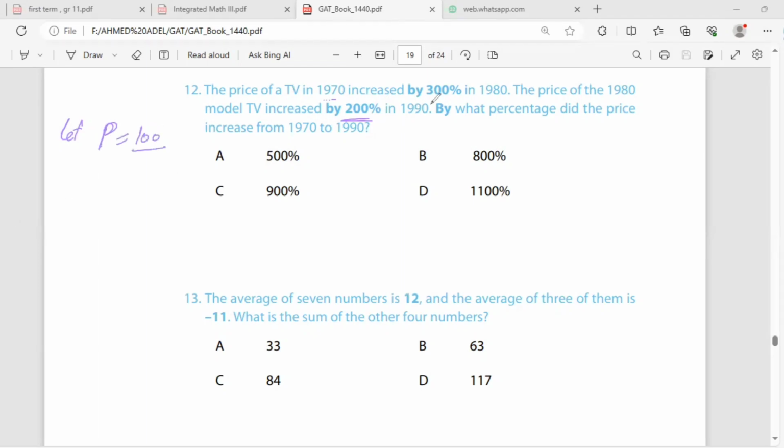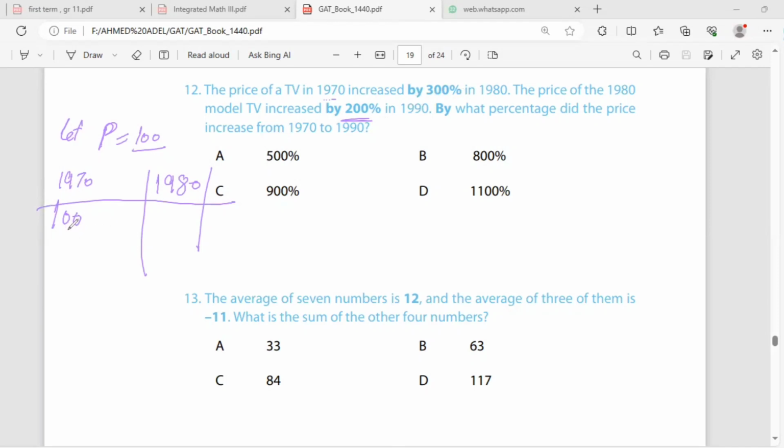In 1980, it's increased by 300%. So if the price in 1970 is 100, in 1980 it will be increased by 300%.